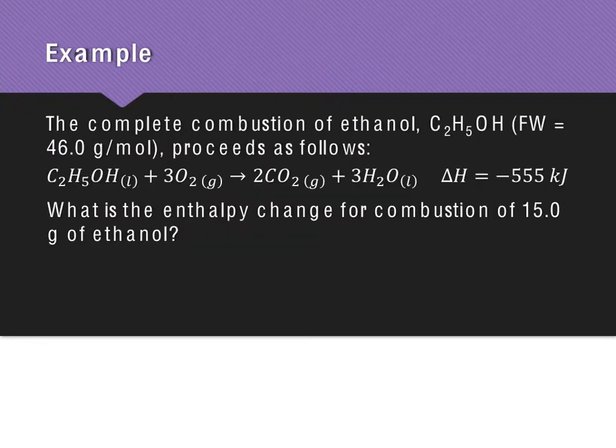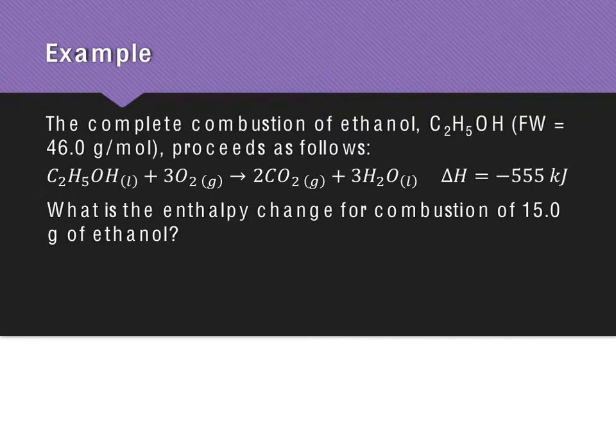All right. Let's do an example. This is a little bit different, again, from those products minus reactants, but it still comes down to enthalpy. So we're saying we combust ethanol, and they tell us our formula weight, which again is our molar mass. And here's the equation. Notice they even showed us our enthalpy change. Since that's negative, that's exothermic, which should make sense if we're combusting it. That implies fire.